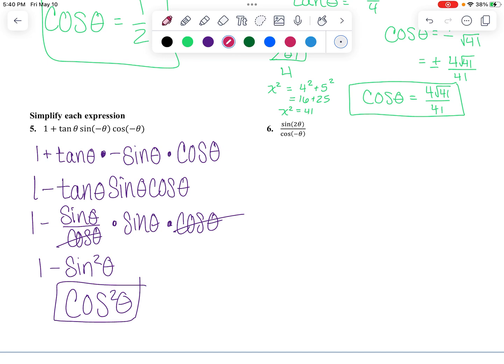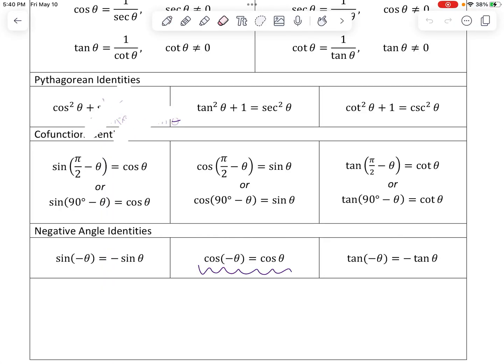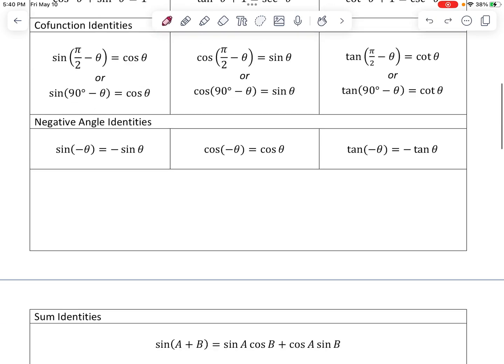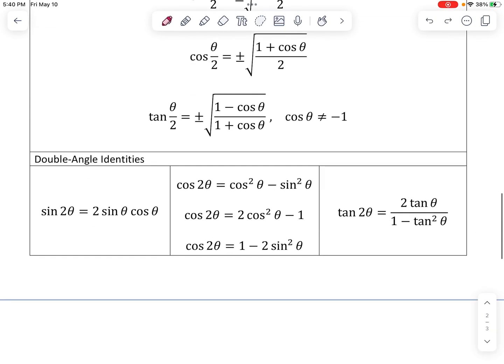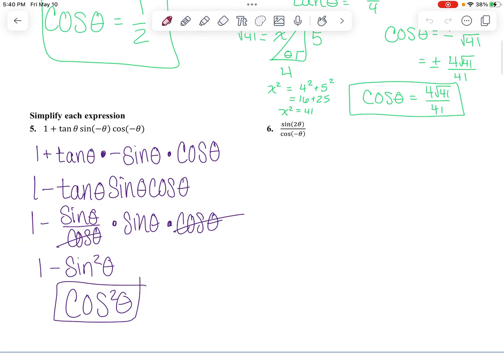So, next one, sine of 2 theta over cosine of negative theta. I see angles that are different again. I see a negative theta and I see a 2 theta. It was sine of a negative theta, so that becomes negative. Or was it cosine? I think, actually, it may have been cosine. Either way, sine pulls the negative out, cosine just stays positive. And then there was a sine of 2 theta, which becomes 2 sine of theta, cosine of theta.